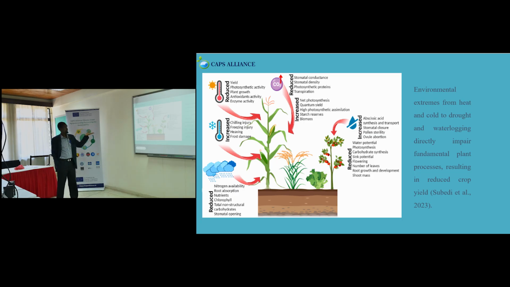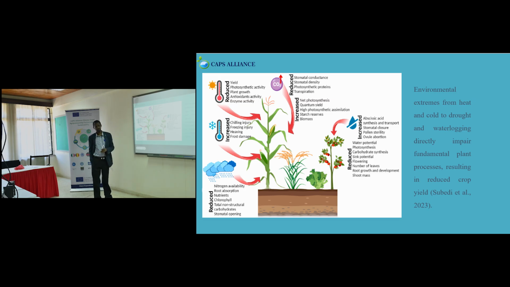Yeah, so those are the impacts of what we're just talking about, whether it is heat stress, whether it is cold, and so forth. It has a lot of impact on the plants that we get. For example, in this case, if the temperature is extreme, what is going to happen? It's going to lead to reduction in the yield.